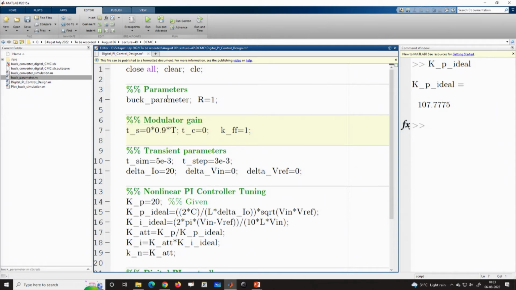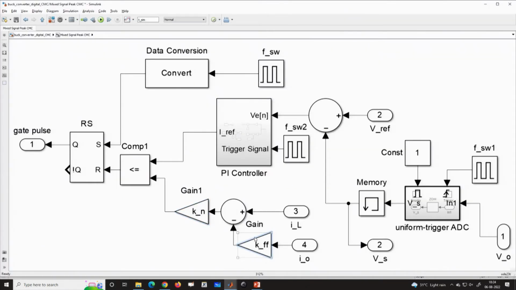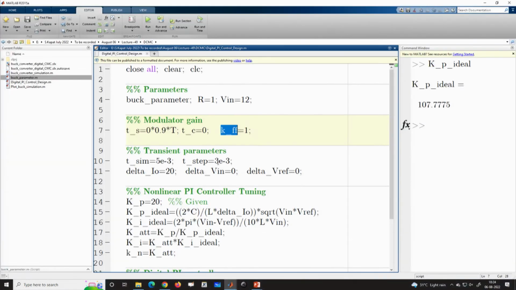Input voltage we can change here, whether we want 12 volt or whatever. Sampling delay for the time being we are not considering, because if we consider sampling delay, then we will see. Now, we have a load current feed forward KFF. If you go here, there is a load current feed forward tab. If it is 1, there is load current feed forward, and it is on the same scale as the inductor current.